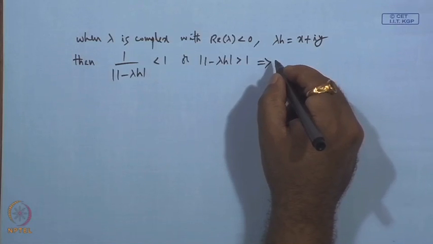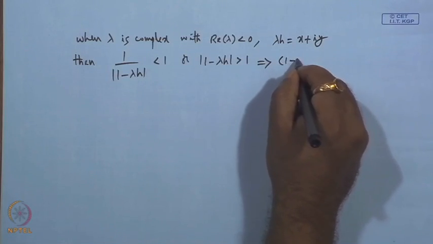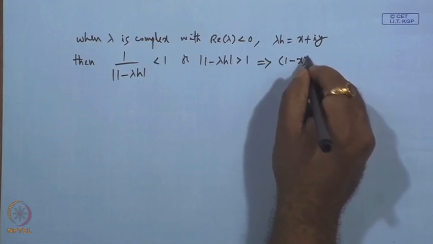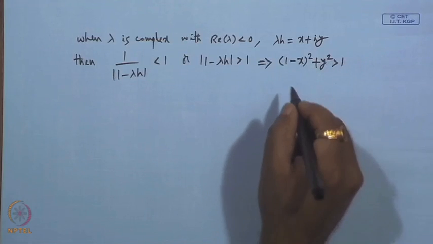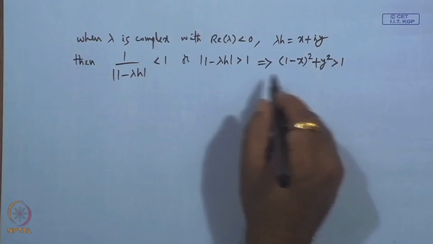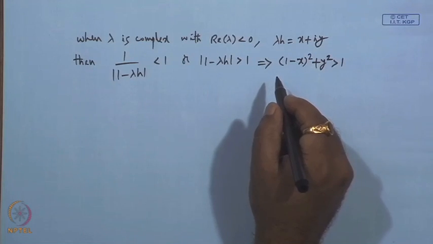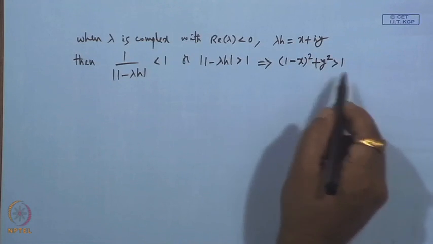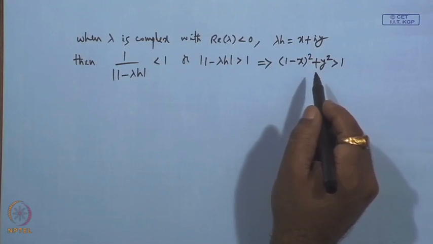So, this gives 1 minus x square minus y square greater than 1, okay, right. So, what is this region? This is the region outside the circle with center at 1, 0 and radius 1, okay.